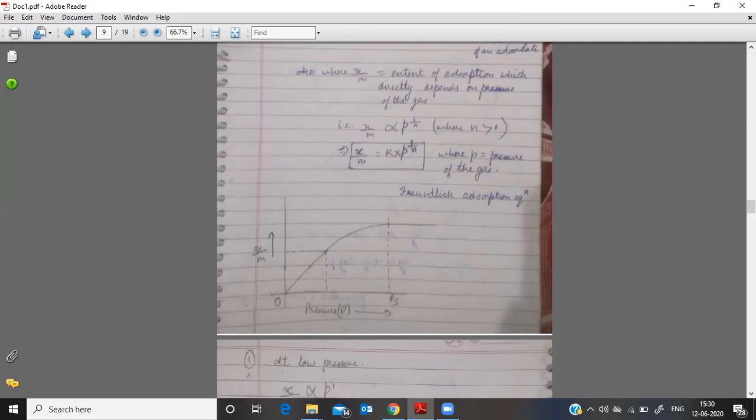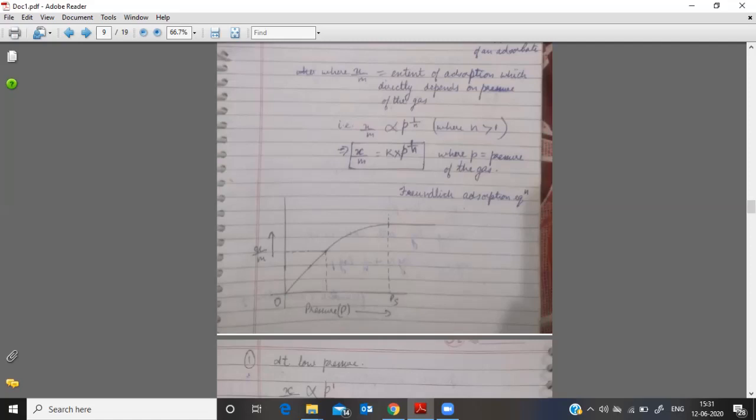The line clearly shows, as shown in the graph, that the line becomes parallel to the x-axis. This parallel line shows that at a particular pressure, the extent of adsorption becomes constant.